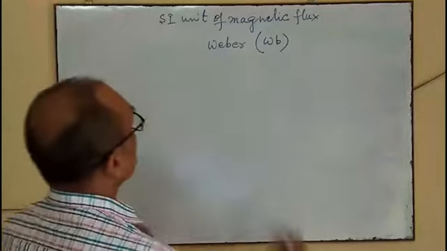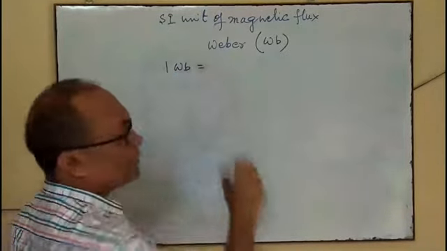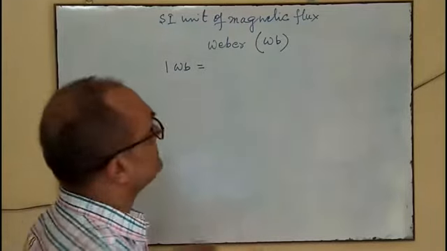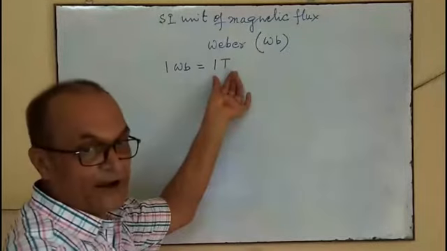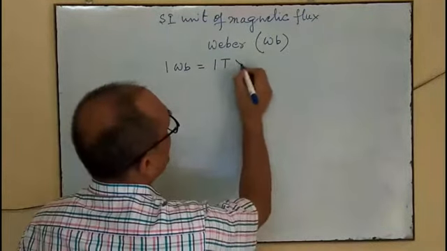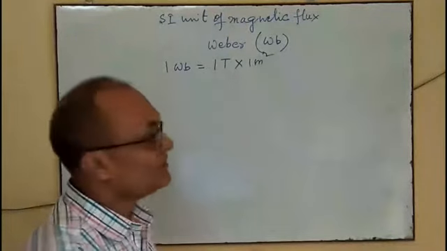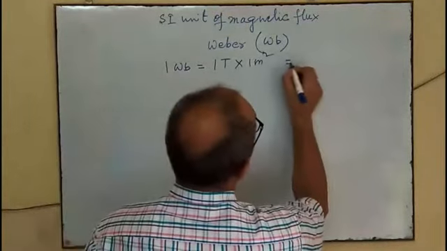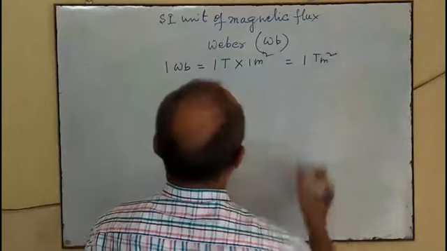So 1 Weber equals 1 Tesla, the value of the magnetic field, times an area of 1 meter square.